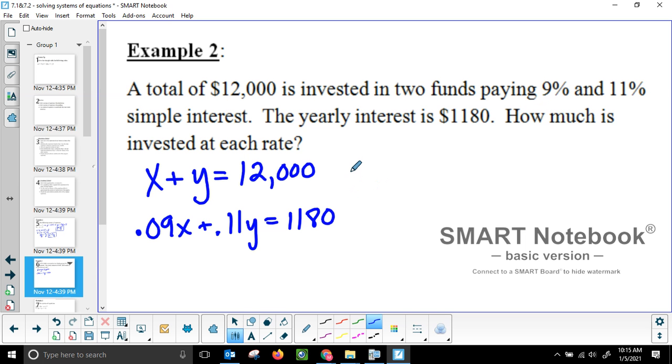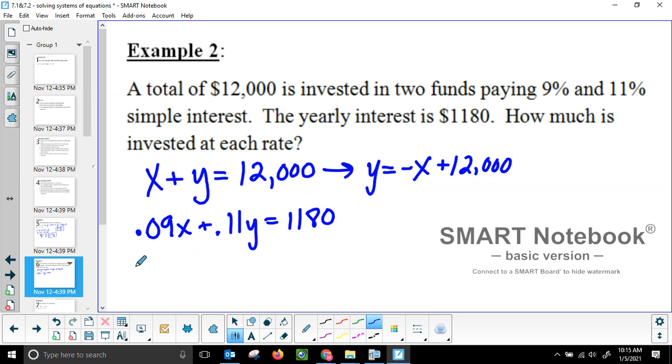Again, we can use substitution here. The top one is obviously much easier to solve for one of the variables. So we can say y is equal to negative x plus 12,000. Now, of course, whenever two things are equal, they are interchangeable.